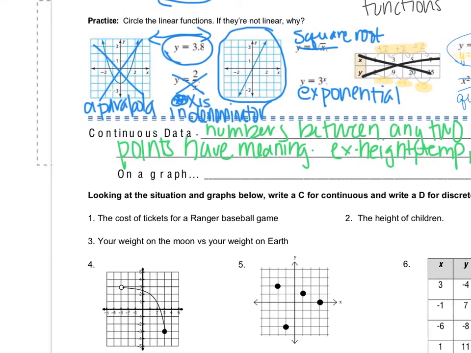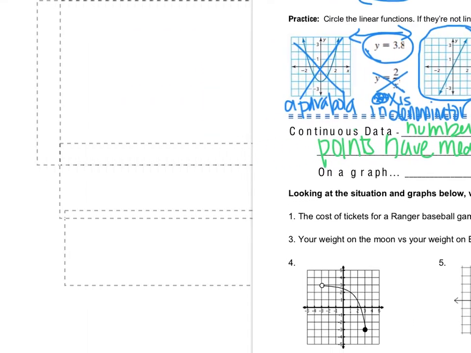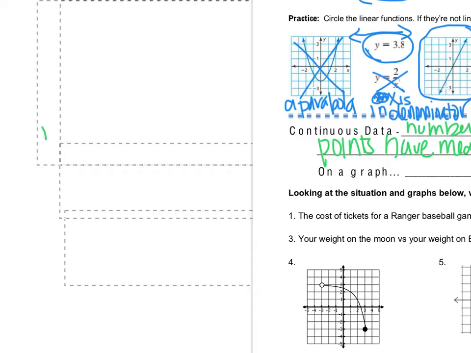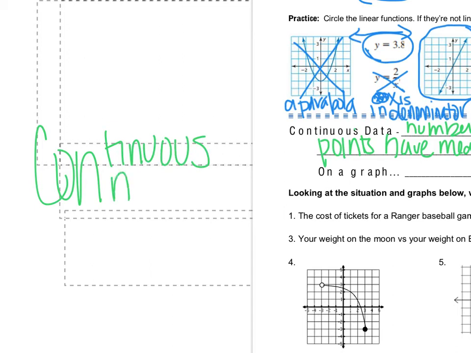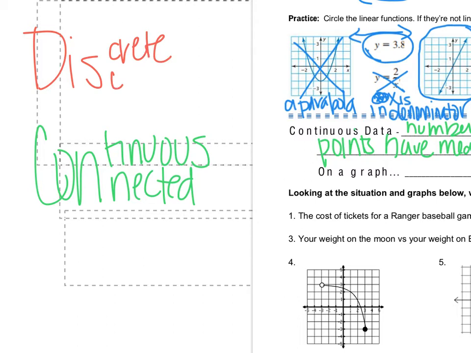It's also important to note, I'm going to write this over here, that continuous data is connected. So just remember that our discrete data was disconnected. So this time our continuous data is connected.